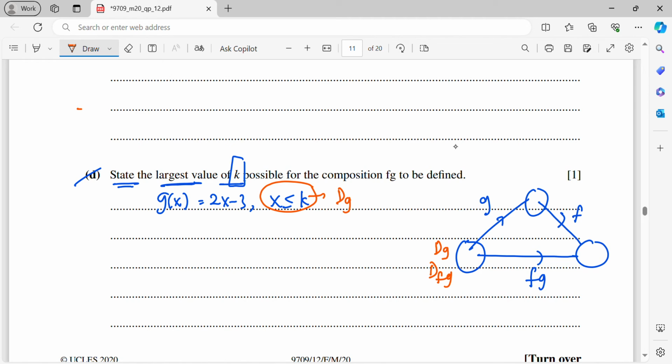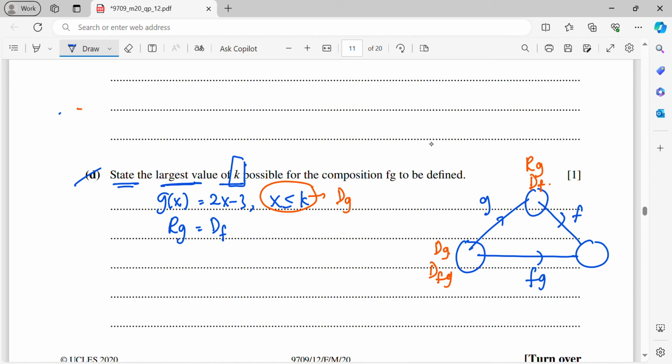Okay, then at the same time this domain g, here I will get range g, and at the same time this range g will be the domain f. Right, so now I will say that my range g, because now you need to get k. Okay, so I will say range g is the domain f.